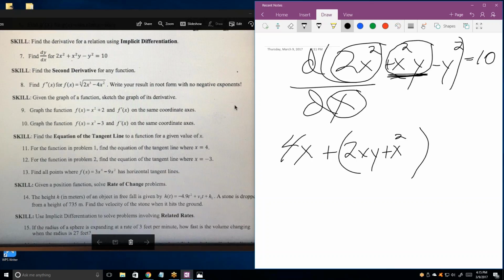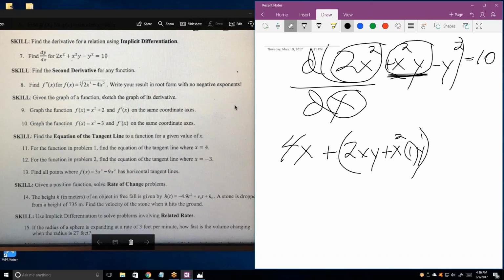What is dy dx when y is the variable? What's the derivative of the outside? 1. In other words, if I'm taking the derivative of y, I'm taking the derivative of the outside, which is 1, but then I'm going to multiply it by the chain rule, which is y prime.